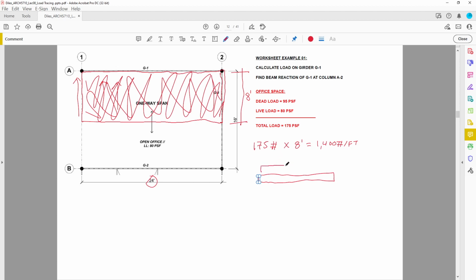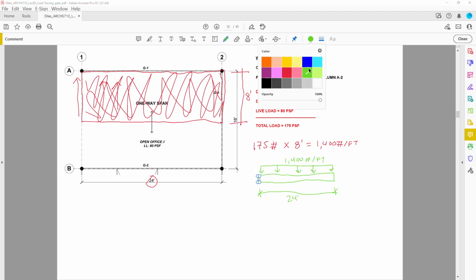And we're going to visualize our continuous load going across the top like this with a load of 1,400 pounds per foot along its length, which we know is 24 feet. Okay, so we can now convert this 1,400 pounds per foot to a point load.